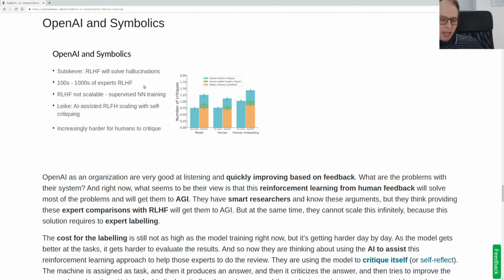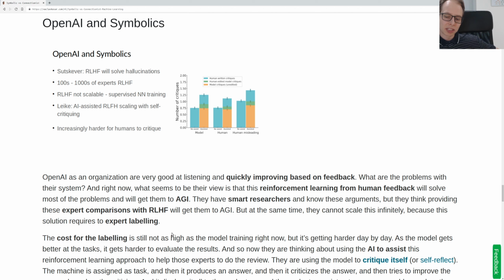And what OpenAI is doing, as I mentioned, is reinforcement learning from human feedback. However, it's getting more and more difficult because the models get better. It's very hard to criticize the summaries that it generates. And so they started developing tools that help criticize the summaries. The model can do it itself.